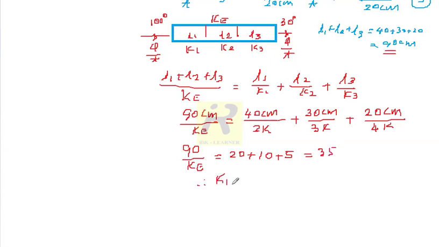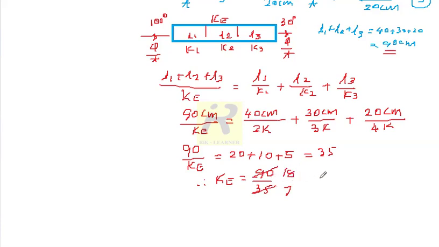Therefore Ke is equal to 90 divided by 35. The common factor is 7, otherwise I can use 5. So 5 7s are 35 and 18 5s are 90.